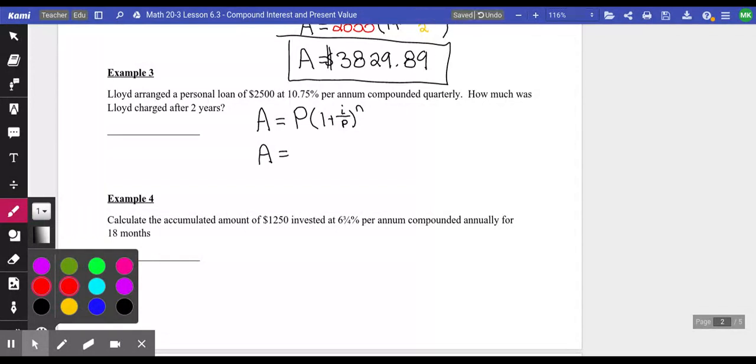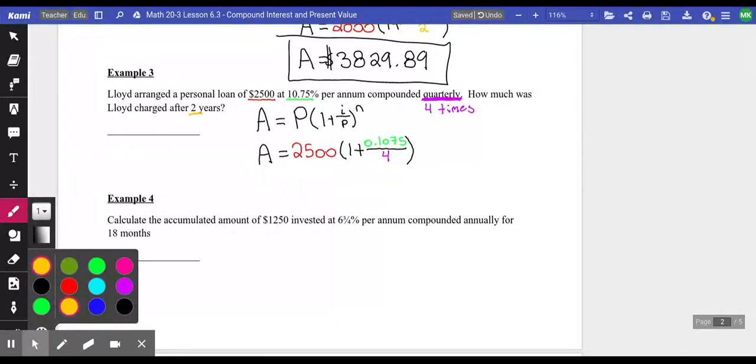Big P is 2,500. Then I've got 1 plus I. I is my interest rate as a decimal, so divided by 100, and you get 0.1075. Divided by little p, the number of times you're charged in a year. It says quarterly. Quarterly is 4 times in a year, so it's a 4 that goes down there. The n value is the total number of times you're charged.